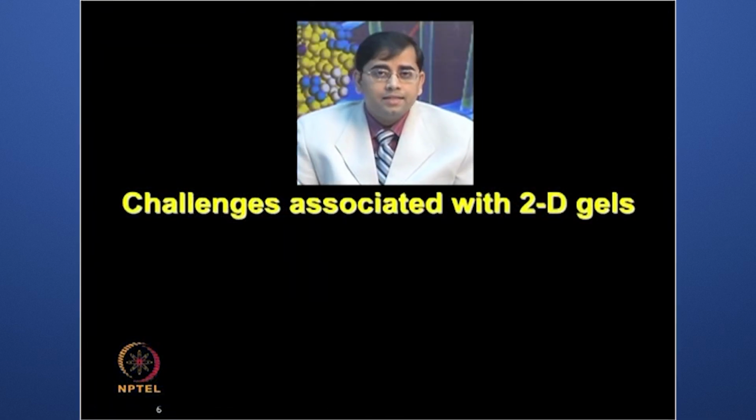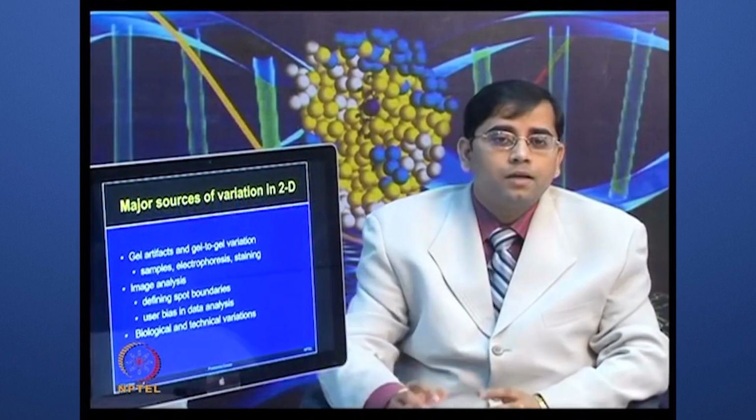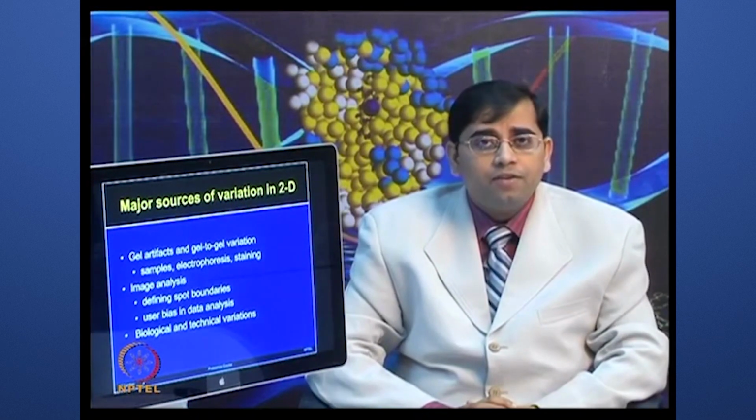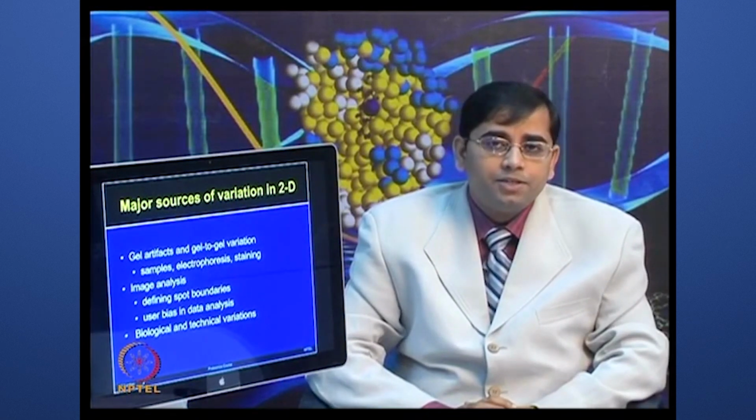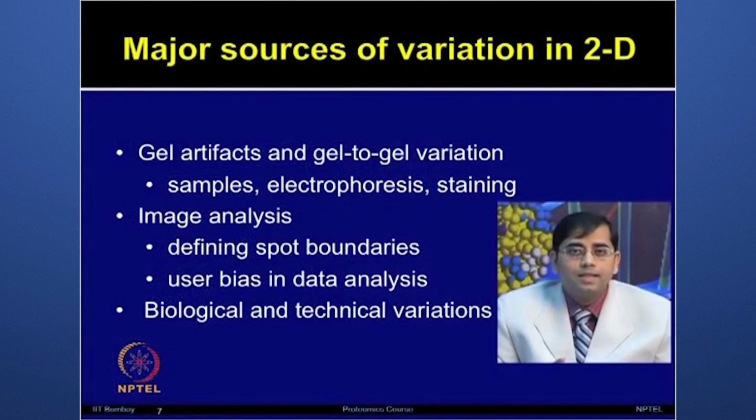So, there are various challenges which are associated with two-dimensional electrophoresis. Mainly, the gel artifacts are major limitations. How to compare two gels, how to minimize the variations. Often during the electrophoretic run, there is a lot of run to run variation.